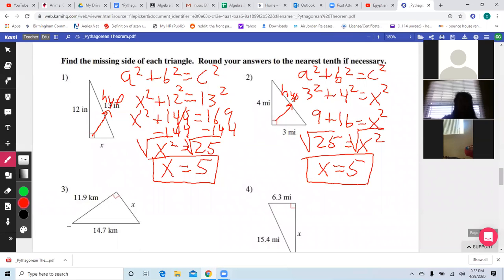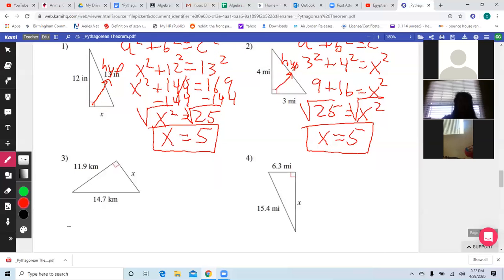Now for number 3, just because you have decimals doesn't mean it's anything different. You're just going to be using your calculator more for this question, right? So for number 3, and once again, when you do your homework, you don't have to be writing a squared plus b squared equals c squared every single time.